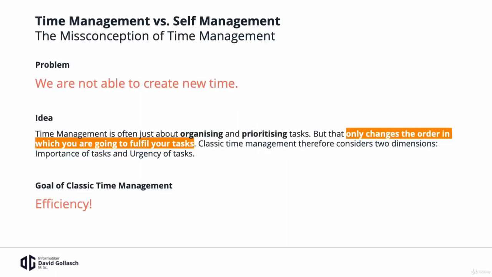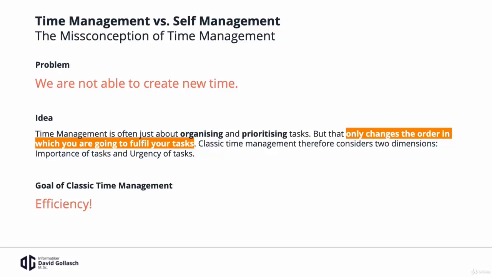Right? But there is a common misconception in time management that distinguishes it from the self-management aspect. The problem is obviously that there's no way to create actual new time, right?